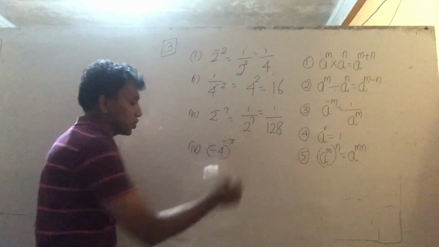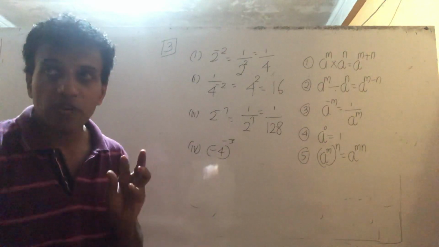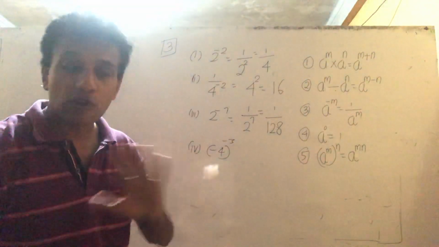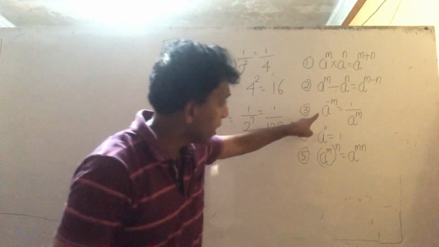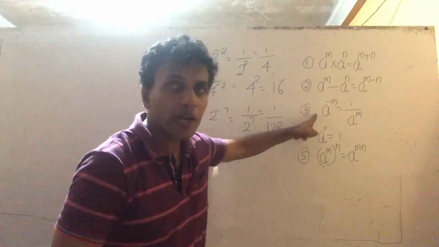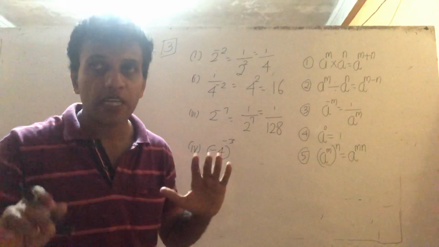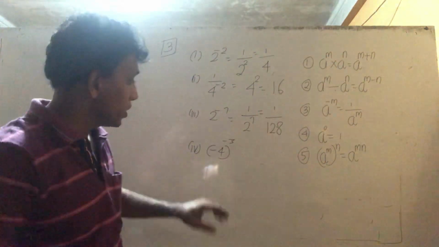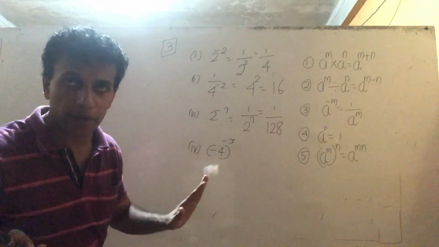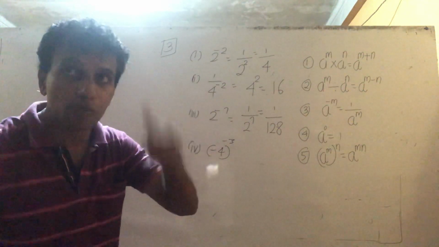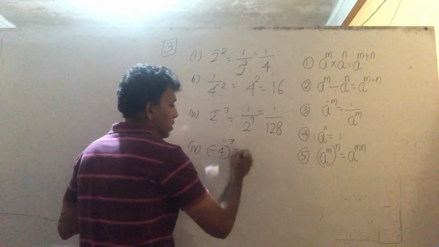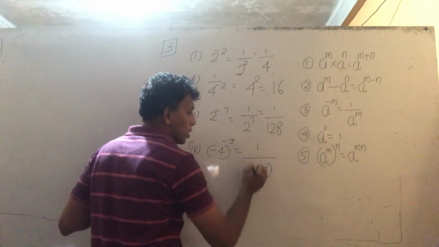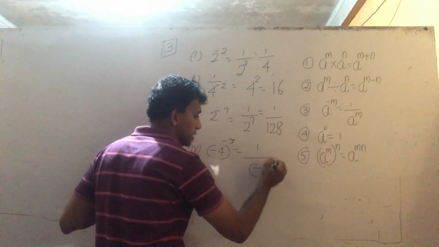Now the next question. So here we are studying the rule only for the negative power, not for the base. See here, whether A is positive or negative, no matter. That is independent. Only the power is important, the condition is for the power. So here minus 4, no problem, right? Remove the minus 3 to positive: 1 over minus 4 to the power 3.